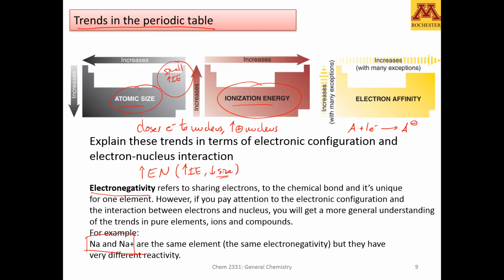However, the neutral sodium and sodium plus, well, they behave very differently. And so electronegativity may not have the prediction power that we'll have when we think of sodium and sodium plus with its electrons and its protons.